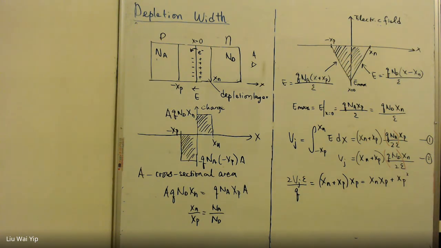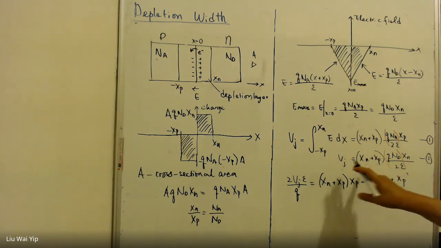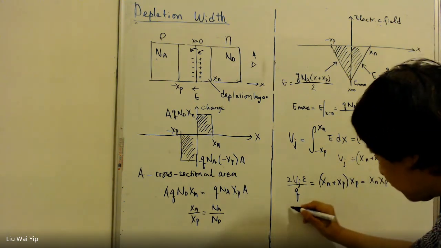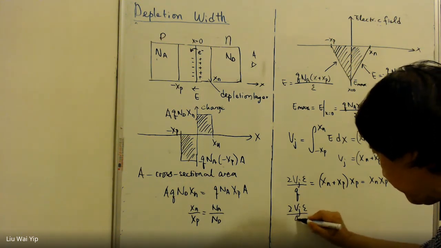And by the same token, I can also do the same for this equation. So we end up with Vj, epsilon, and Q.